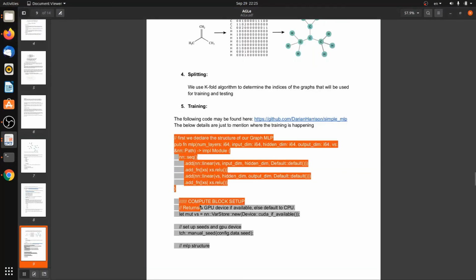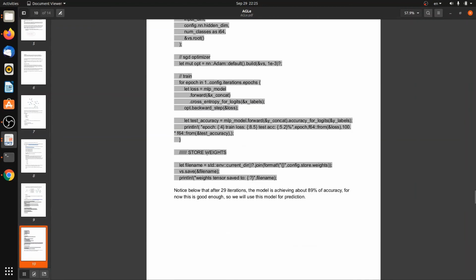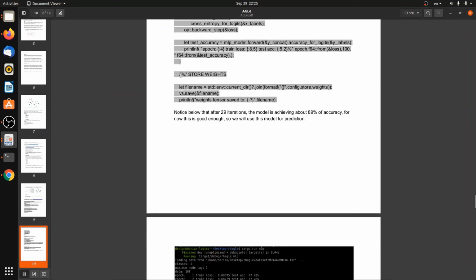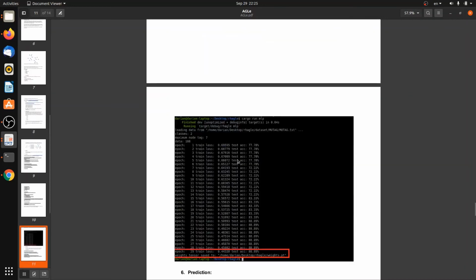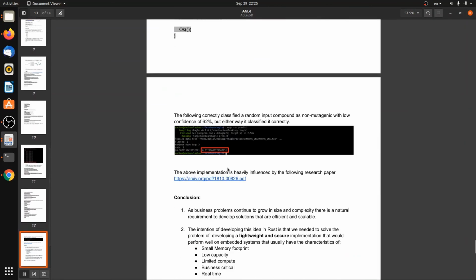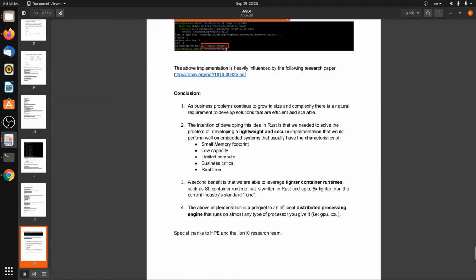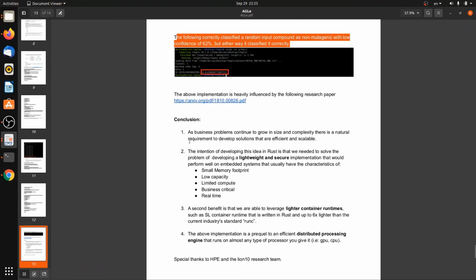We've already walked through the code, the training code. We've walked through how we store the weights, the iterations. We've walked through prediction already. And that's pretty much it. The code that's written here is actually based on this paper right here.